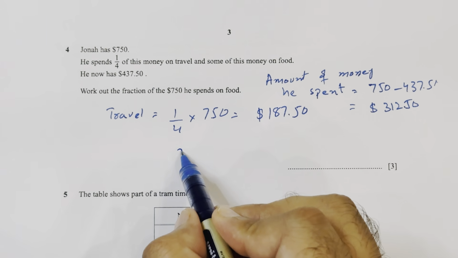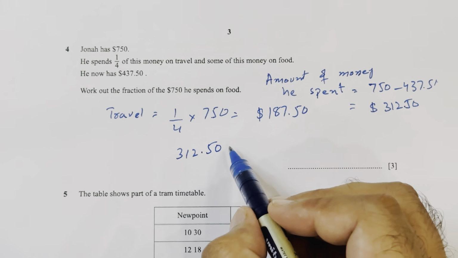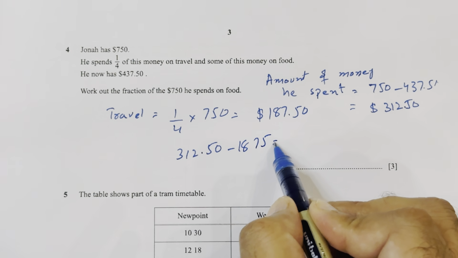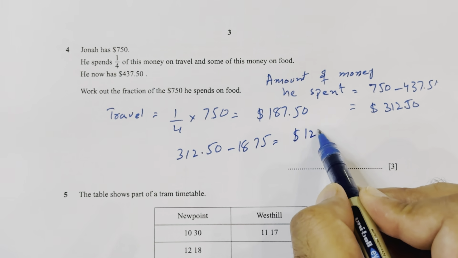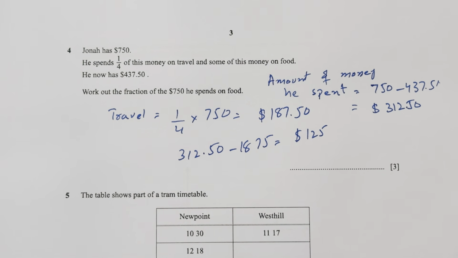You need to subtract both these values: 312.50 minus 187.50, you get the value that is equal to $125. So it means that his spend on the food is 125.